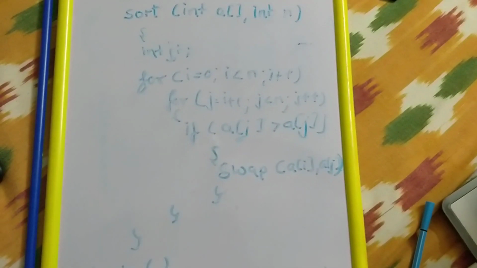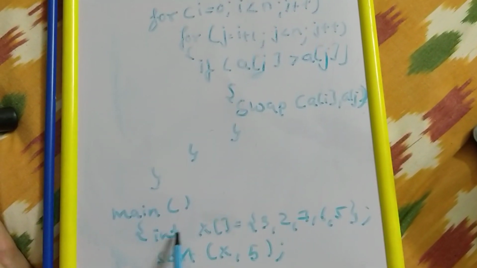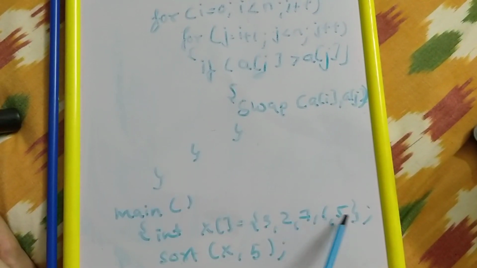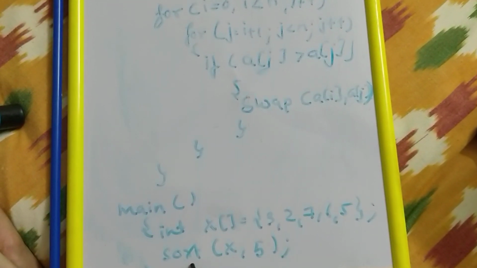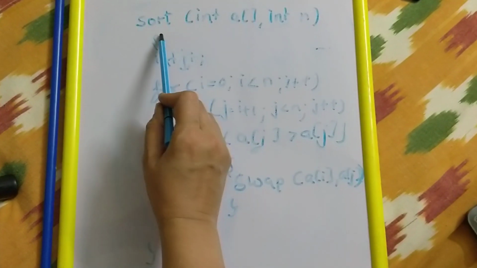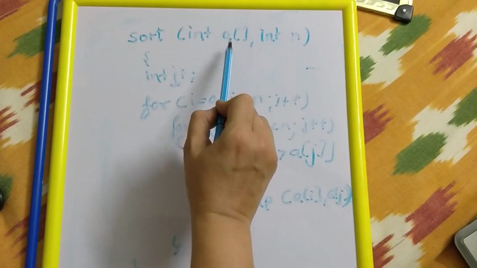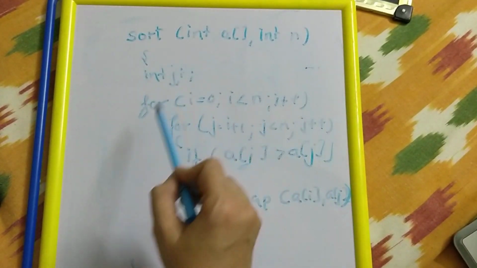Here you can see an example where my main function has an integer array x with 5 elements, and you are calling a function sort, passing x with its size. Now this sort function catches it as an array and performs the sorting operation.